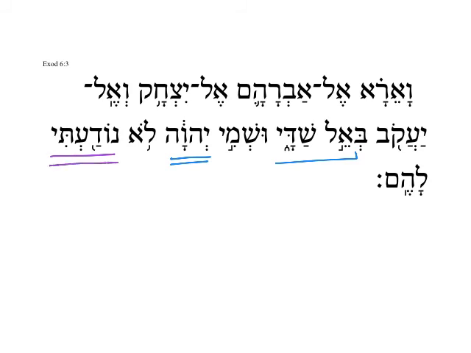And here we have nodati, and in this case, this comes from vav, dalet, ayin, to know. And what we can see is it's in the nifal, and we have the nun from the stem, and that causes the yod to show its true character as a vav. It reverts to the vav in the nifal. So we have a nifal stem, and this is the perfect form 1cs. I was not known.